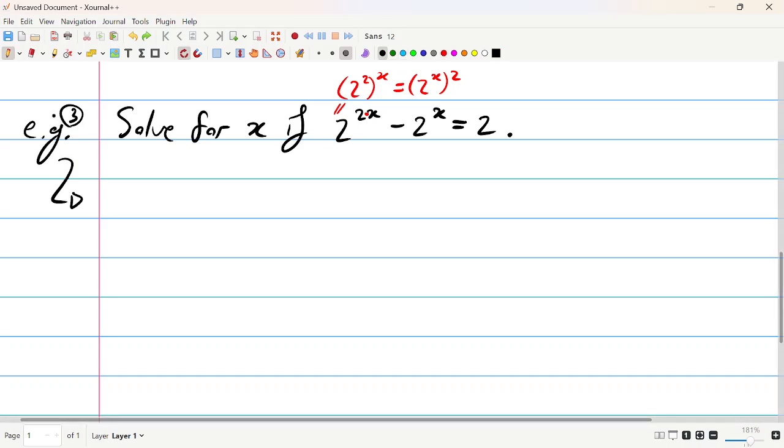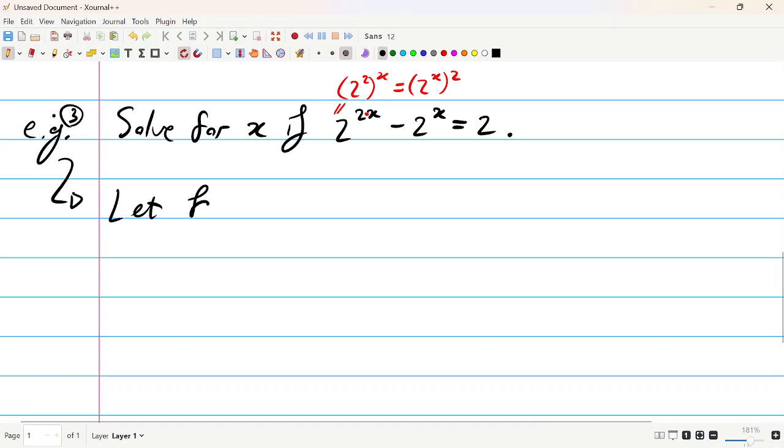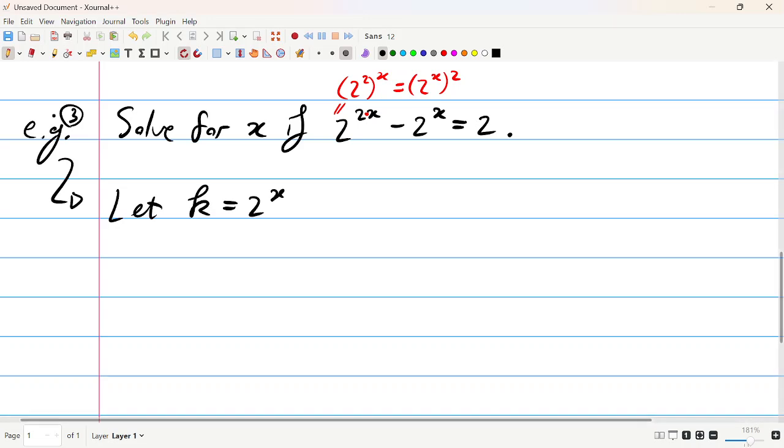Where clearly we are going to let k be equal to 2 to the power of x. In this case over here, obviously, and for this one here. Such that what this implies to us is that we are going to have, so remember, what do we have? 2 to the power of x, all raised to the power of 2, minus 2 to the power of x equals 2.